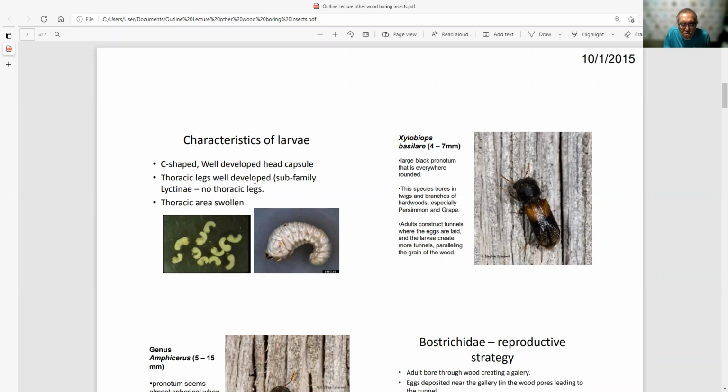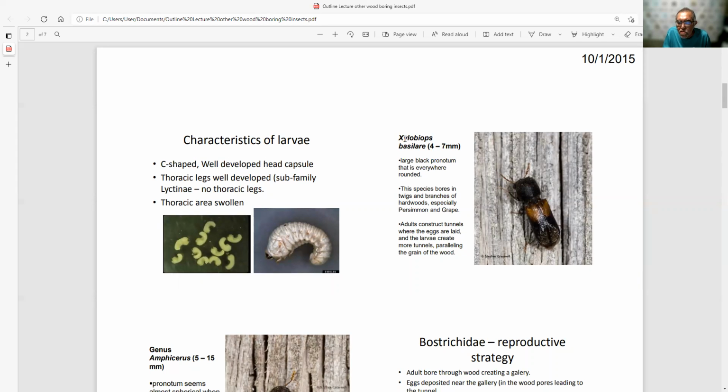It doesn't develop into legs later on, but they do have the thoracic legs while they are in their developing stage. And the thoracic area is swollen. As you can see here, swollen, dia membengkak, because that's where the digestive system is, the respiratory system is, and also the ganglions, kawasan saraf dan sebagainya. This is the most important part of the larvae.